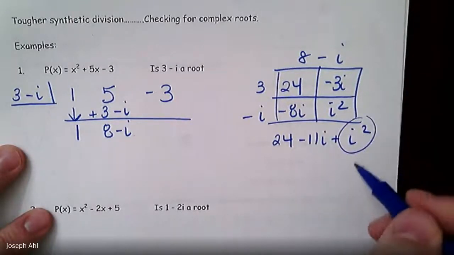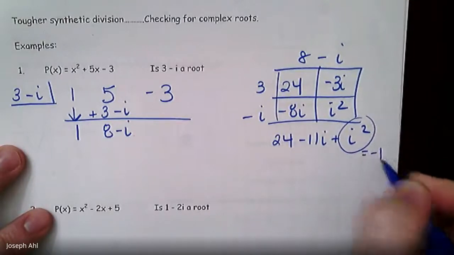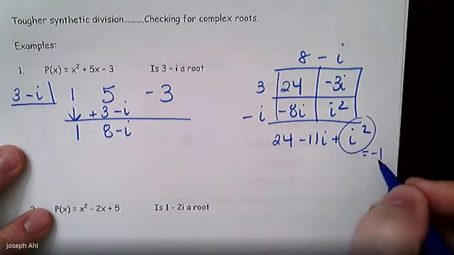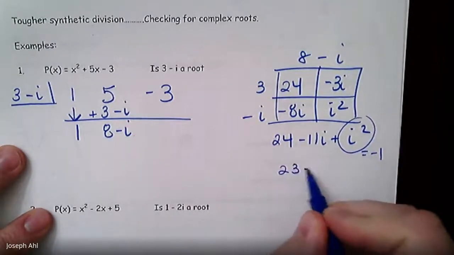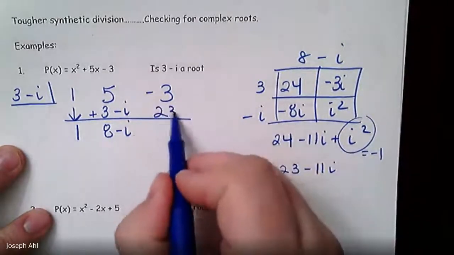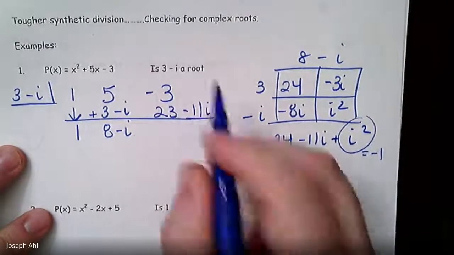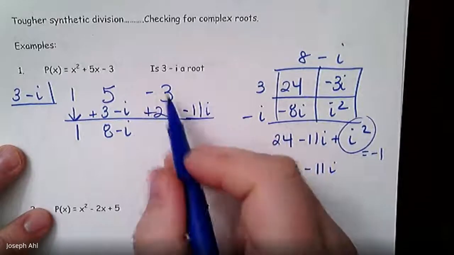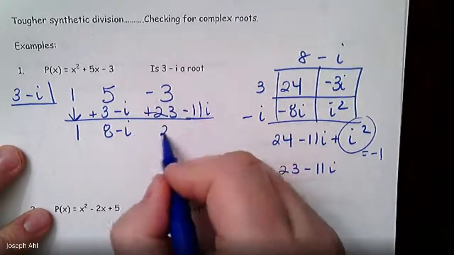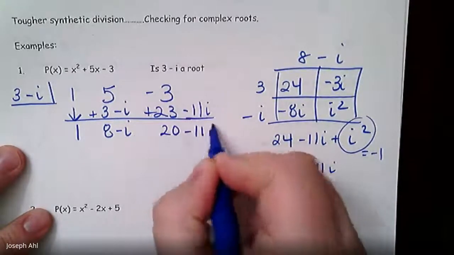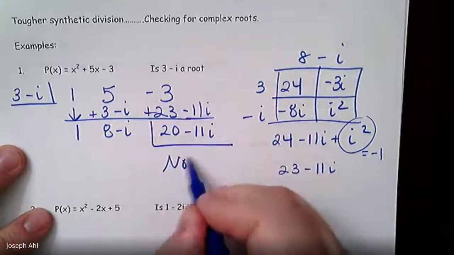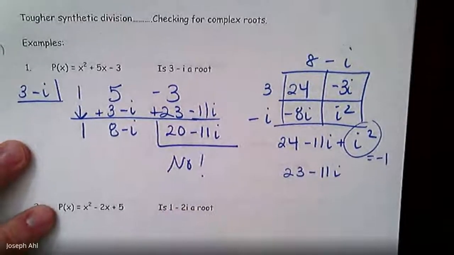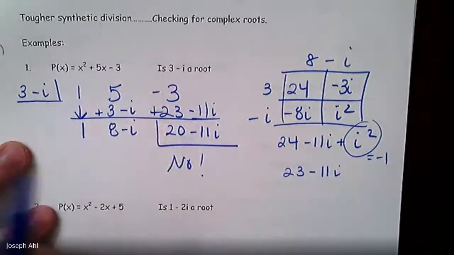Don't forget, we know what i squared is. i squared is -1. So 24 plus that -1 is 23 minus 11i, and it's definitely looking like when I add those, I'm not going to get 0 as a result. What is the remainder here? It's 20 minus 11i. So with that remainder, we can confidently say that no, 3 minus i is not a root of this polynomial.